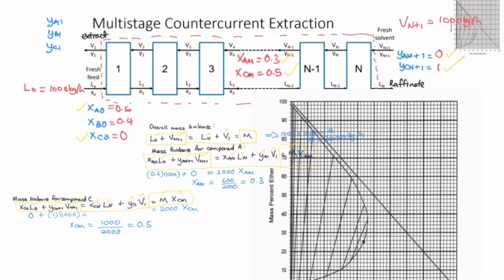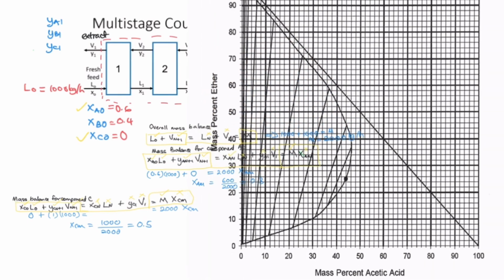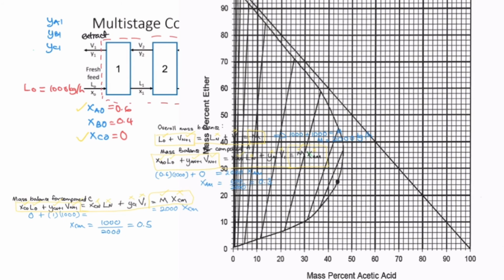So let me enlarge this graph. You have 0.04, and this is 0.01. So 0.04 is 1, 2, 3, 4, 5 boxes. So 0.04 is here. Since it is equilibrium, you can just extend the line.